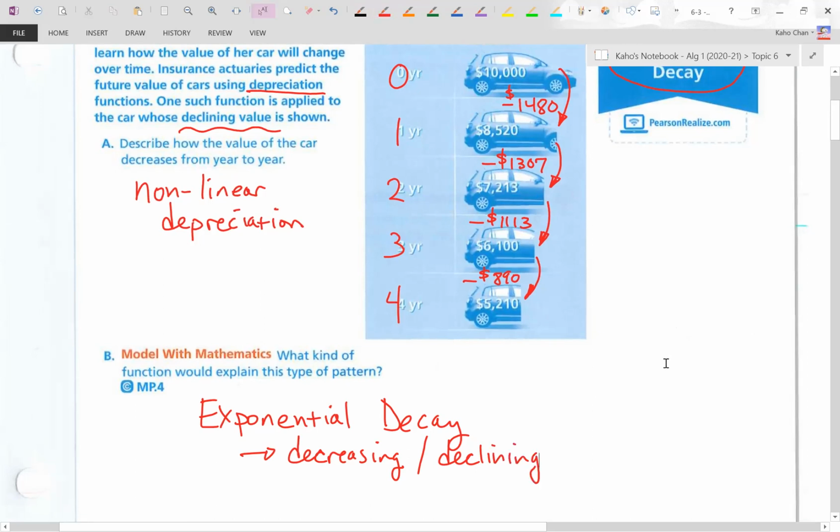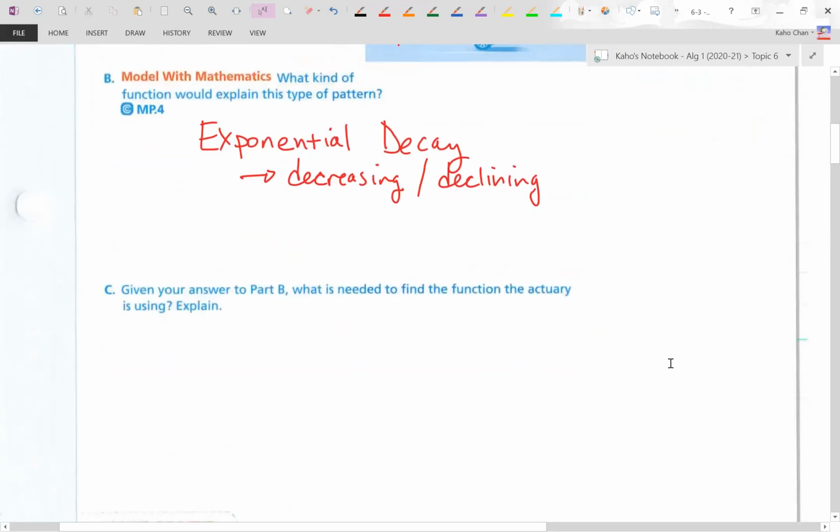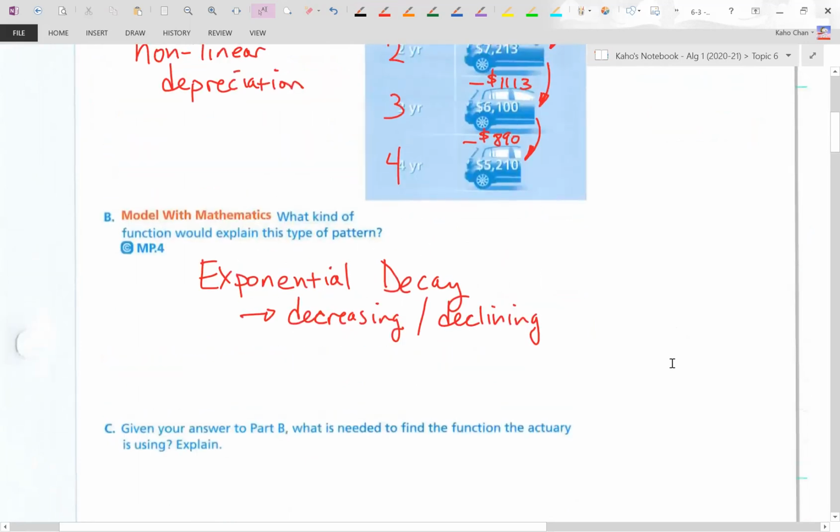All right. Next question. Given your answer to part B, what is needed to find the function the actuary is using? And by the way, the word actuary is just a fancy person who does statistics, or statistician.